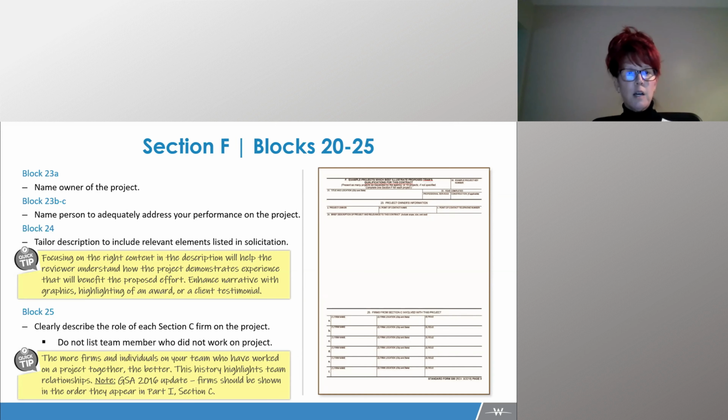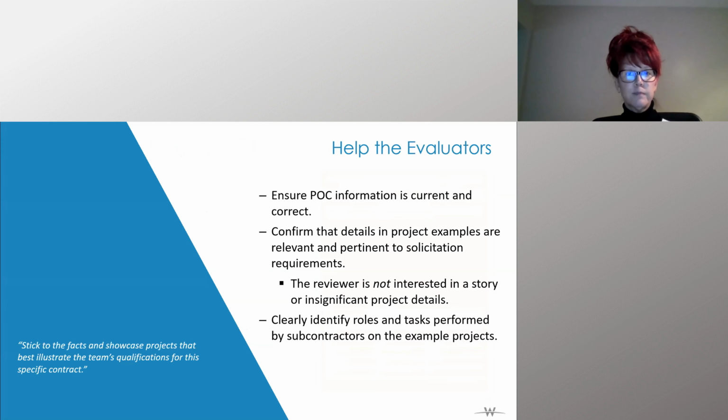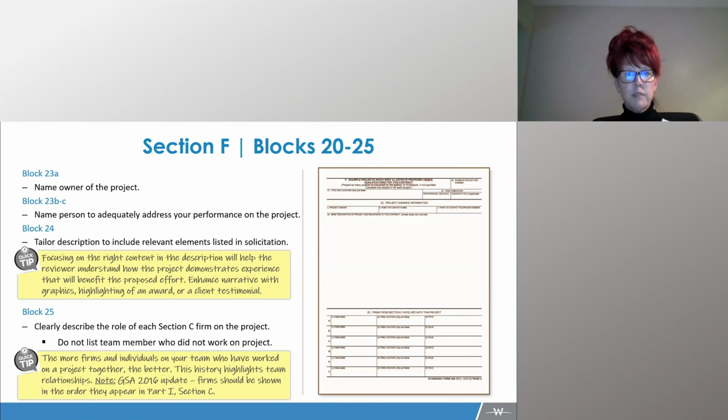Starting at the top of the form, block 23A is the actual owner of the project. That should be listed here. For blocks 23B and C, you should list someone who can adequately address your particular performance on that project.